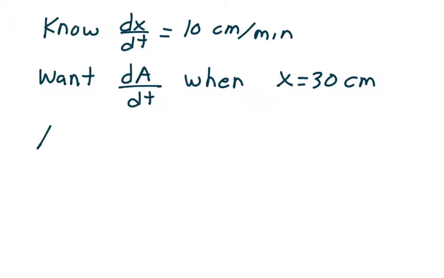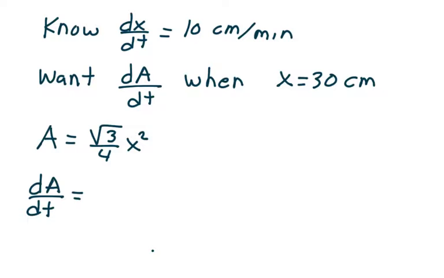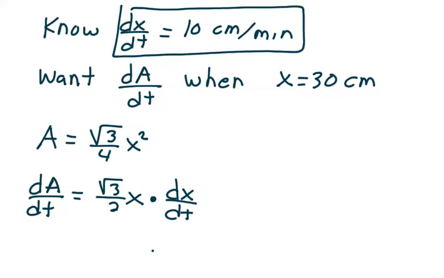And so what we want to do is start with A, which is square root of 3 over 4 x squared. dA/dt is equal to square root of 3 over 2 x times dx/dt. I'm going to replace dx/dt with 10 centimeters per minute, and I'm going to replace x with 30 centimeters.